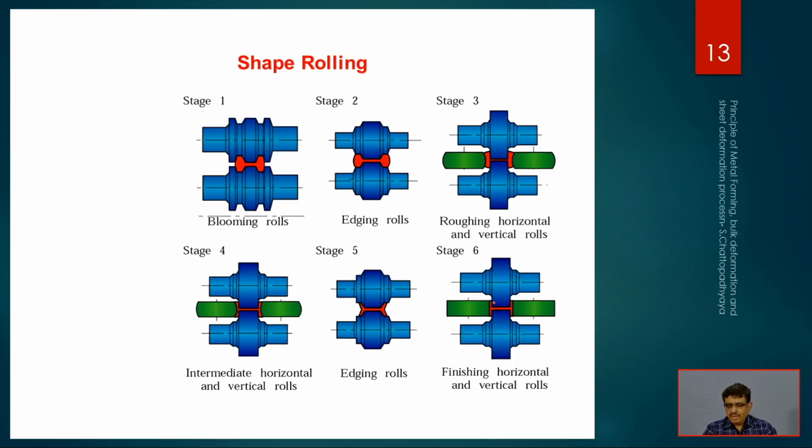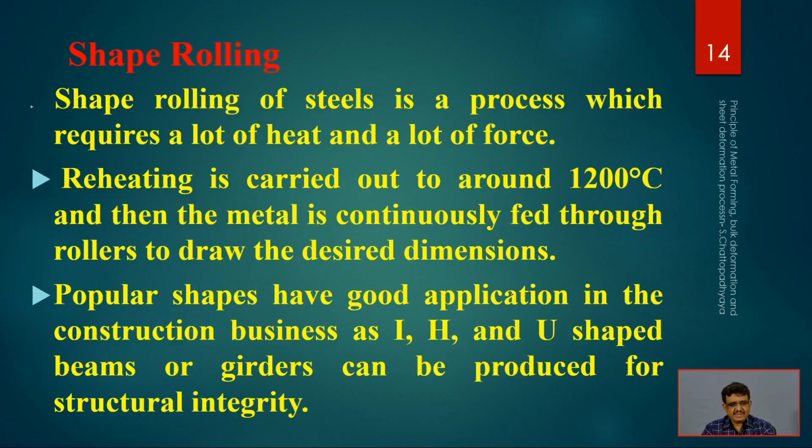So blooming rolls, edging rolls, roughing rolls and horizontal rolls will come. Then intermediate activities, horizontal and vertical rolls, and lastly we can generate the I-sections, which are used in different kinds of construction such as bridges and girders, and maybe rails and other parts. So these are the shape rolling activities.